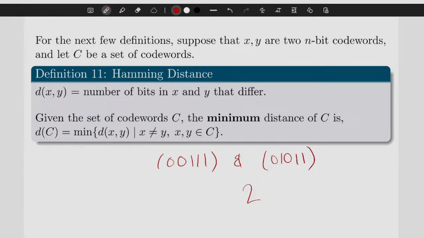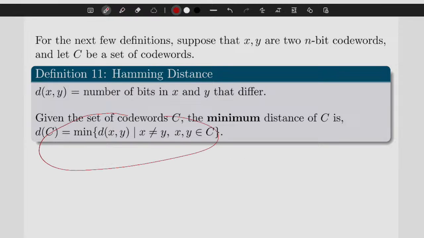And the last 2 bits are exactly the same. So the distance between these 2 is 2, right? And in a set of code words, the minimum distance is the smallest distance between any pair of code words, right? Obviously, the code words can't be exactly the same, just a pair of code words.